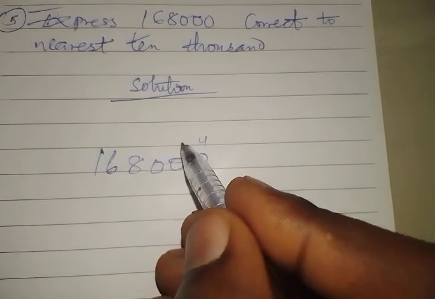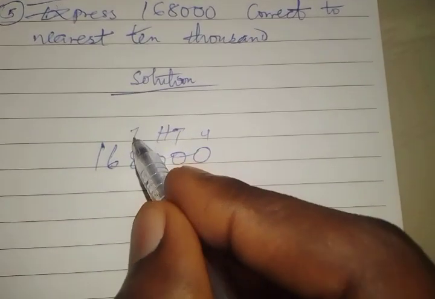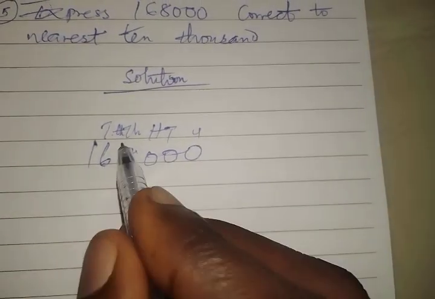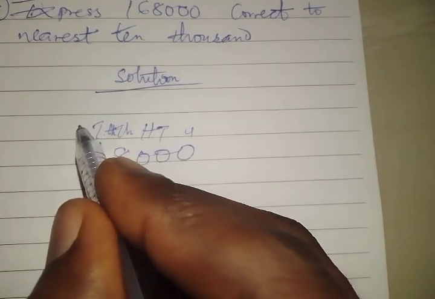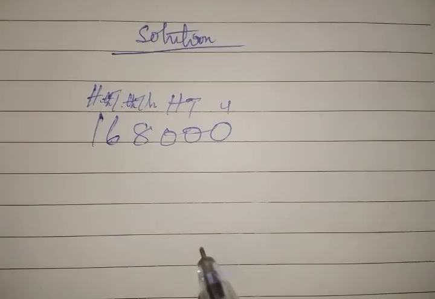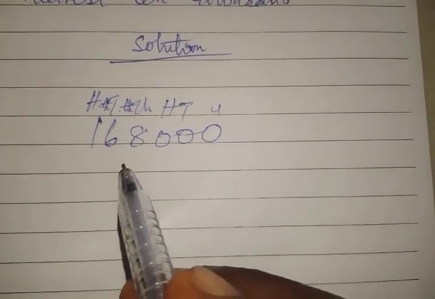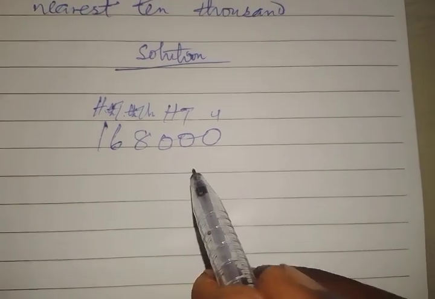So this is units, tens, hundreds, thousands, tens of thousands. So we have seen the tens of thousand, which is number 6, and the number 1 is your hundred of thousand. Now, we are to convert this to nearest tens of thousand.